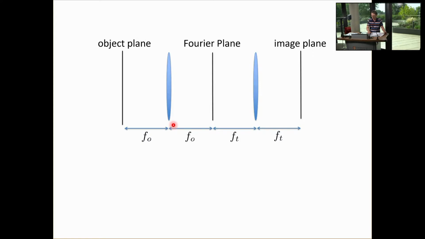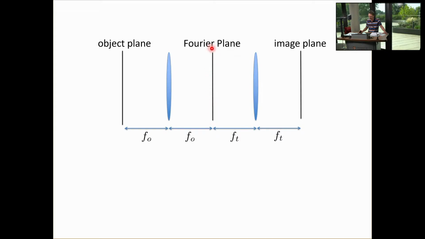So the essence is that you have your object, a focal distance fo, away from the objective lens, and the information here is relayed onto the Fourier plane of the objective lens.